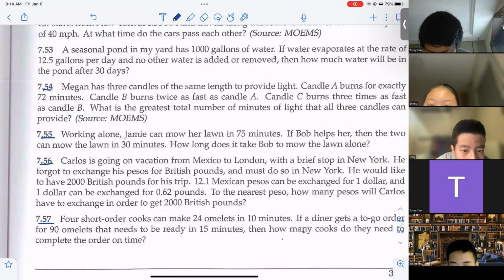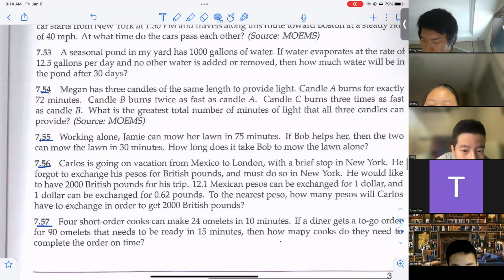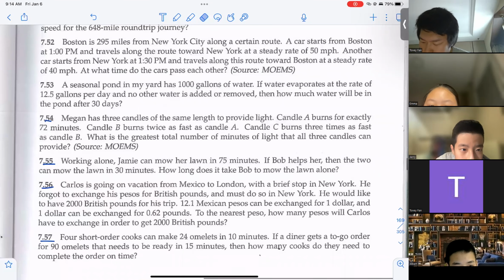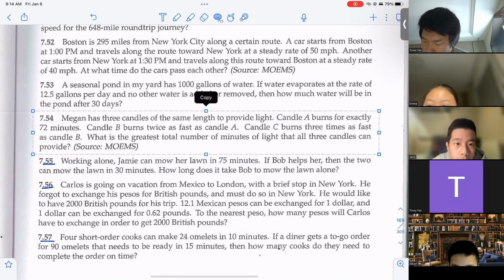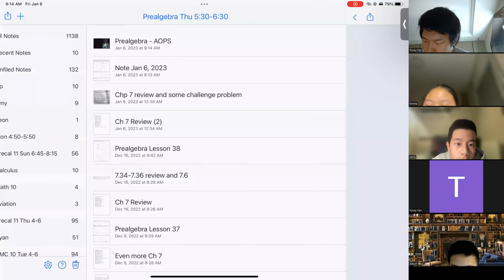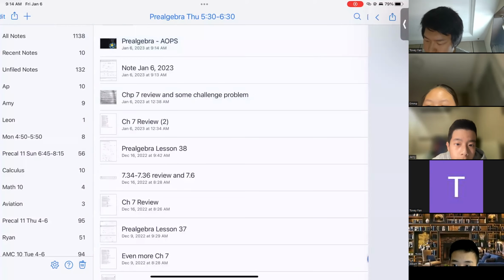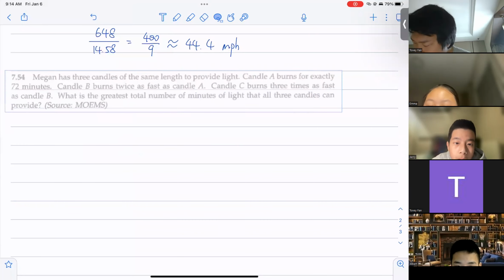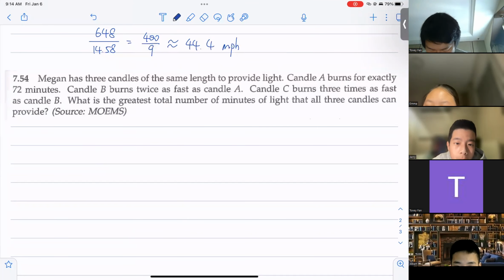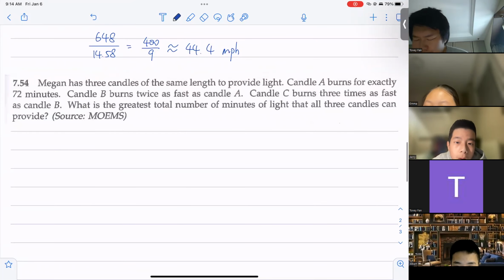Emma 55, 57. All right, 54 is for Jerry. Okay, so 54, Jerry again.